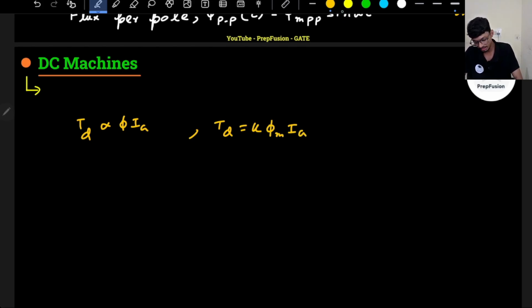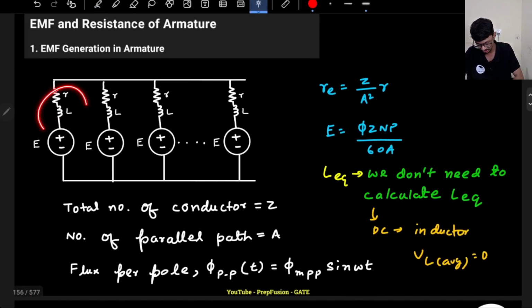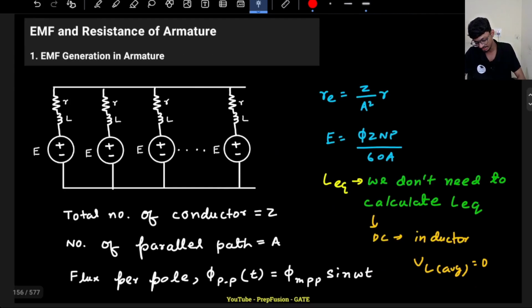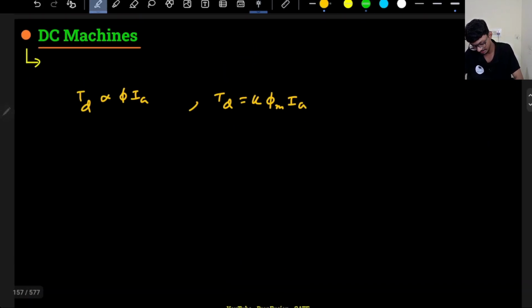Now this armature current, because the induced EMF is not alternating but pulsating in nature, will have both AC and DC components, as my current is pulsating.